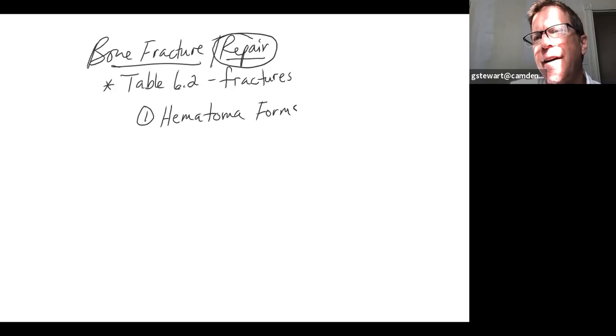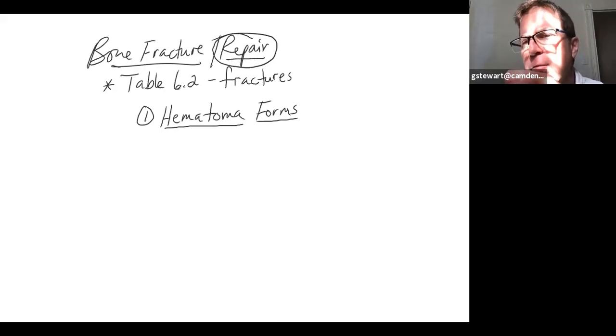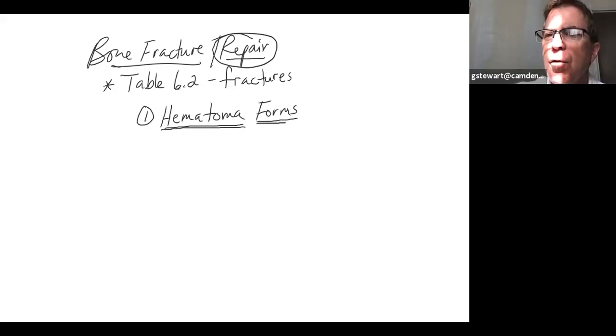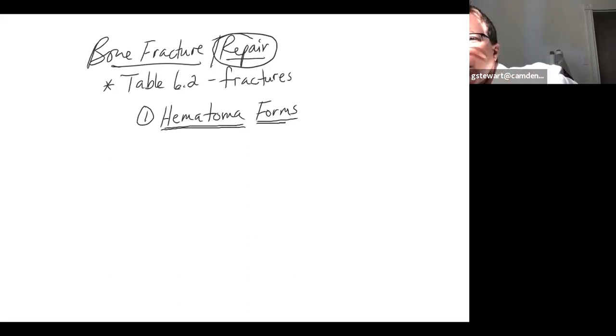That's the title of this particular stage or phase. Hematoma just means blood clot, clotted blood from injured vessels. So in the area of bone breakage, any vessel that was damaged and leaks blood, that blood then clots and a hematoma forms. It's called a bony or a bone hematoma.